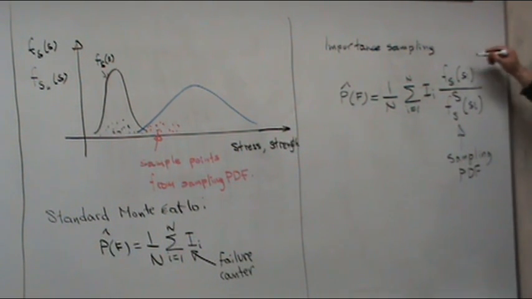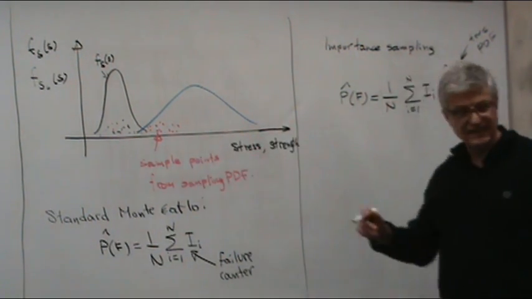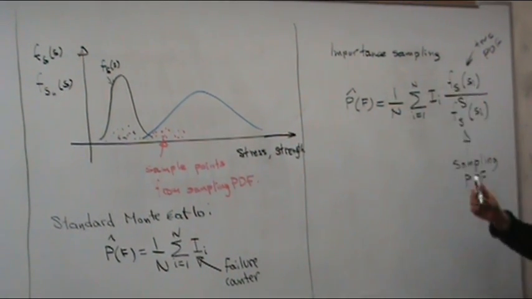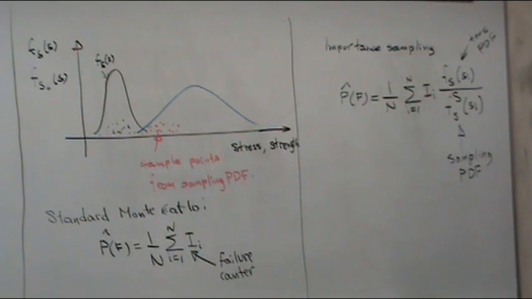Okay, and this is the true PDF. Okay, so what is this ratio in this example that we saw here? The ratio of the two probability density functions. Is it large or small? Small. It's going to be small.